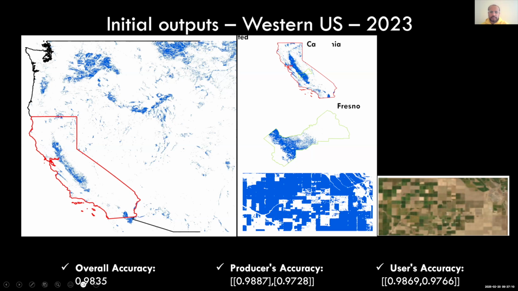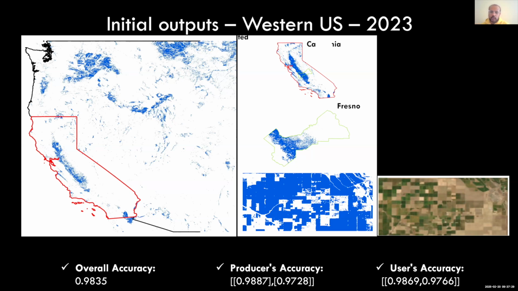This lower image shows a zoomed-in area and its corresponding satellite image. As you can see, most of these fields are likely to be cropland, and our classification is, within each cropland, whether it is irrigated or not.